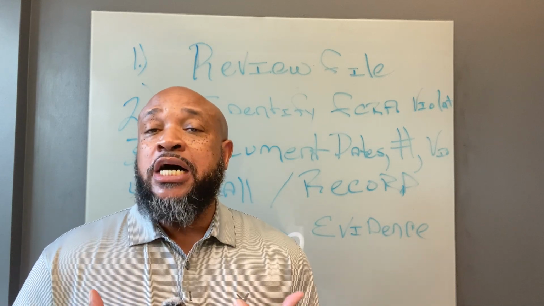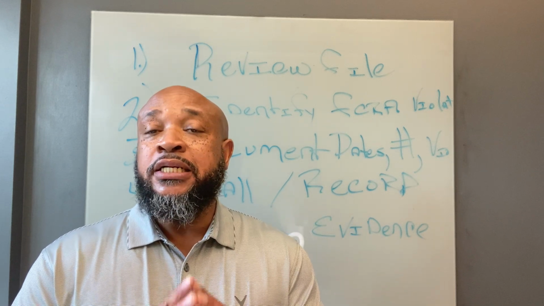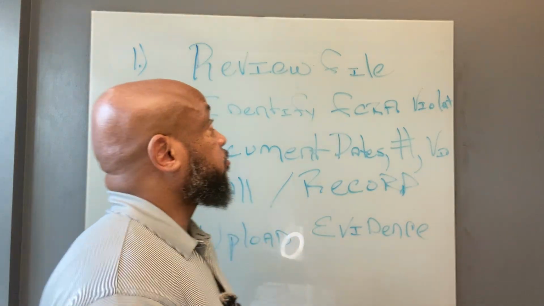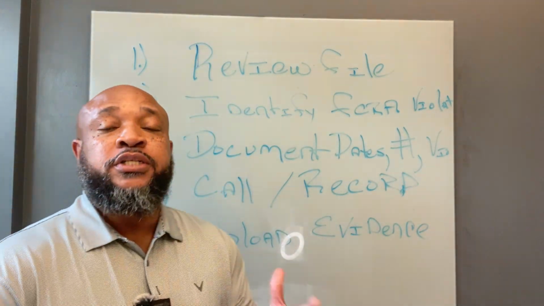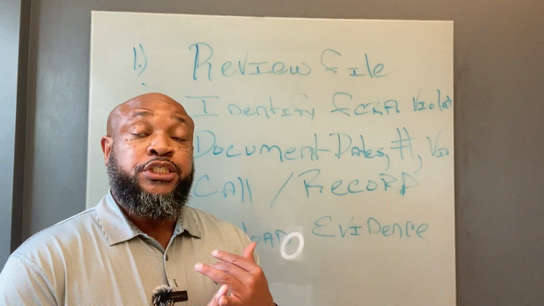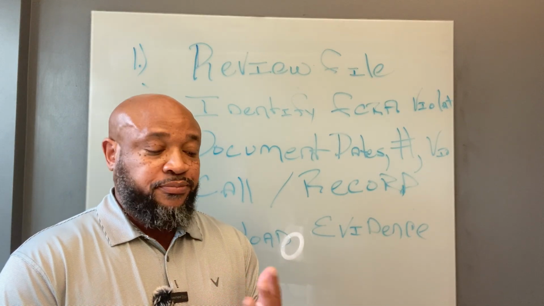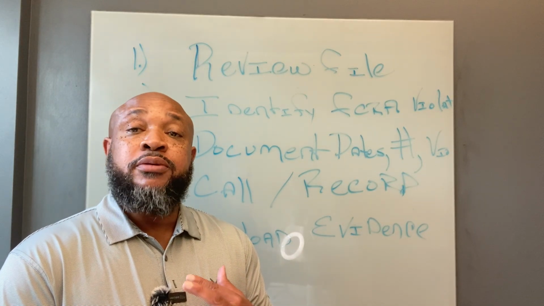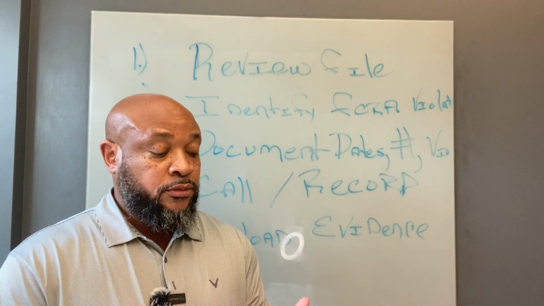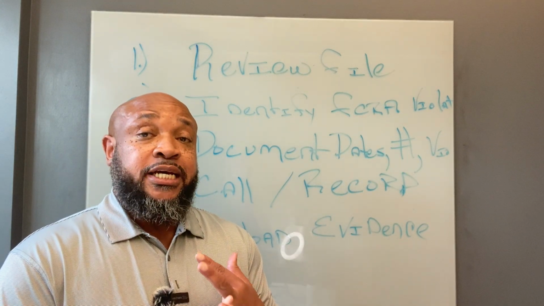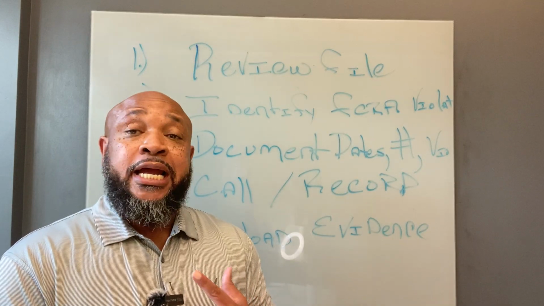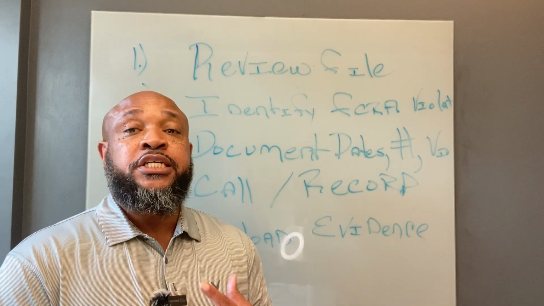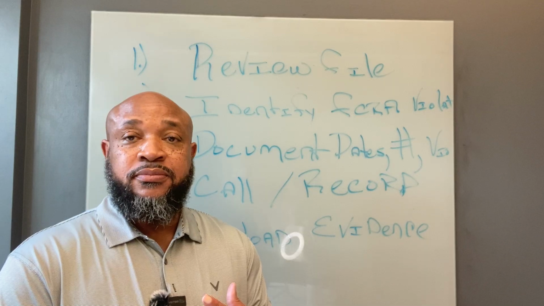So before you contact the credit bureau, let's go step by step. You want to review your file. You want to review every dispute letter you submitted, the responses from the credit bureaus, the ones that they sent to you in writing or email, and the response to your CFPB complaints.